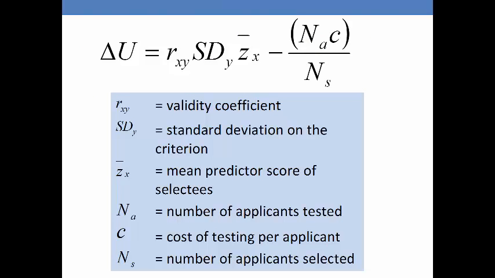This basic equation for calculating staff utility is changed for measuring the utility for HRD programs, in that d_t is substituted for r_xy multiplied by x, which, as we know, is the validity coefficient multiplied by the average standard score on the predictor achieved by those who were selected. The adjusted formula is on the next slide.